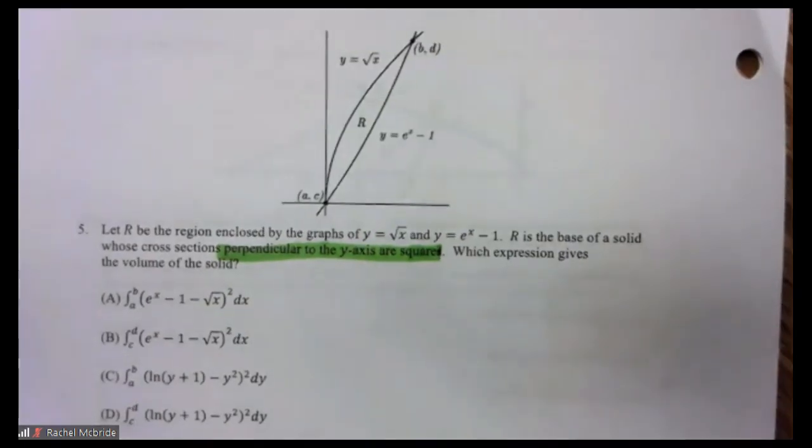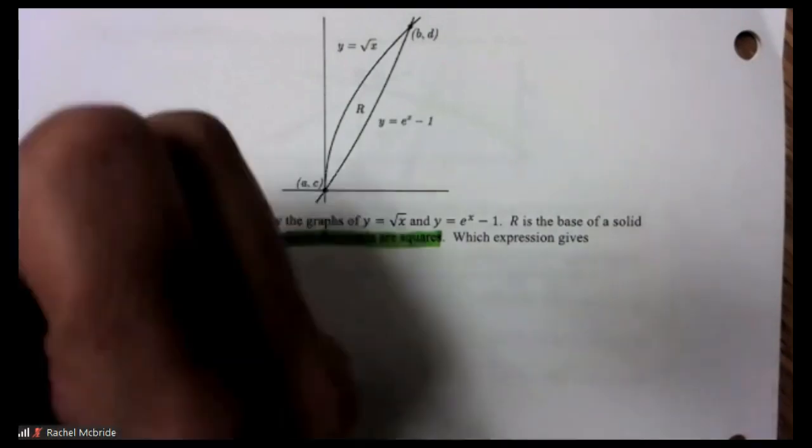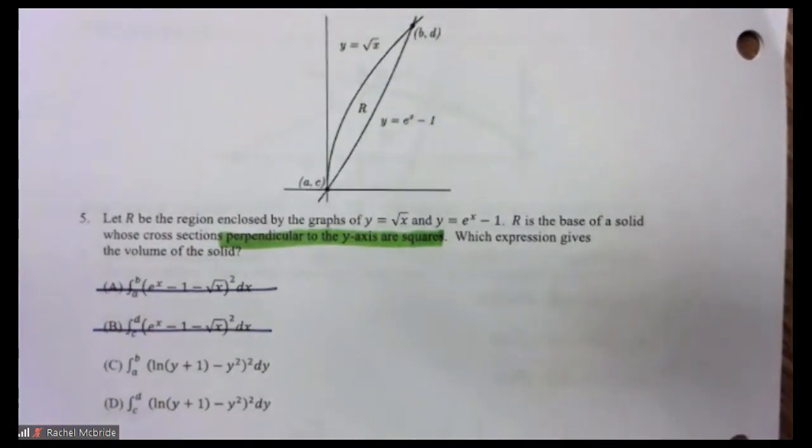If you see that, and this is a multiple choice question, you can automatically give yourself a 50% chance of getting this right, because A and B are not even options. You now have a 50-50 shot to get this correct.